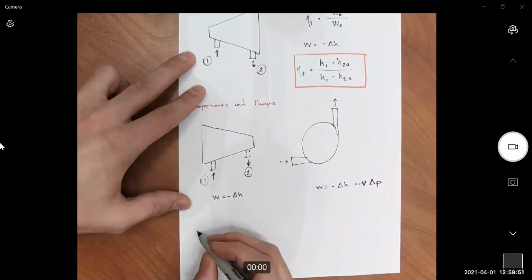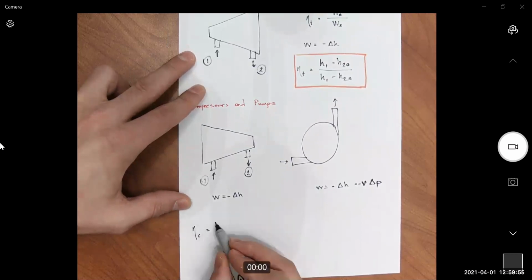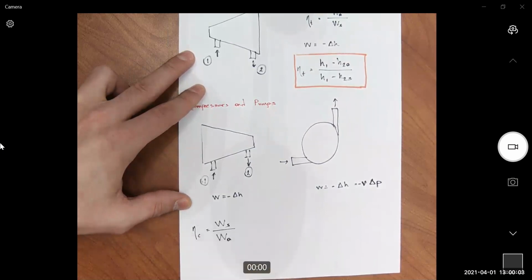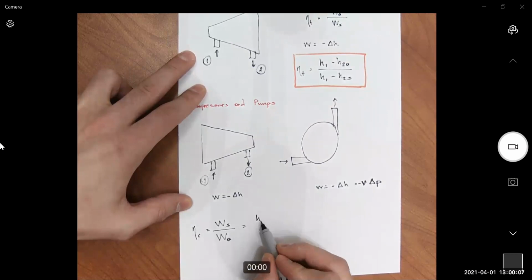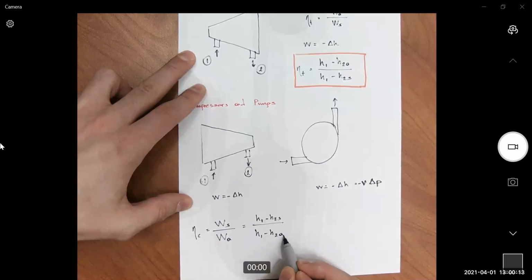Okay. Adiabatic efficiency for a compressor is reversible work, or ideal work, divided by actual work, or adiabatic work. It is H1 minus H2S divided by H1 minus H2A.